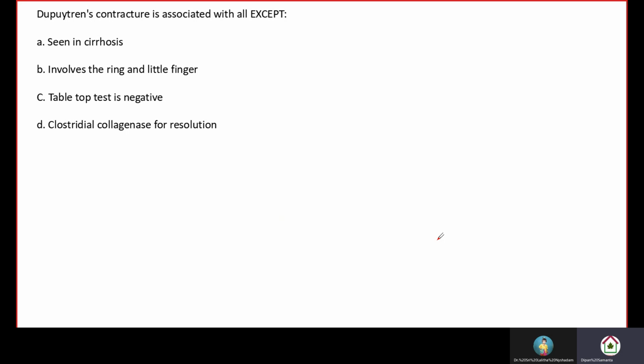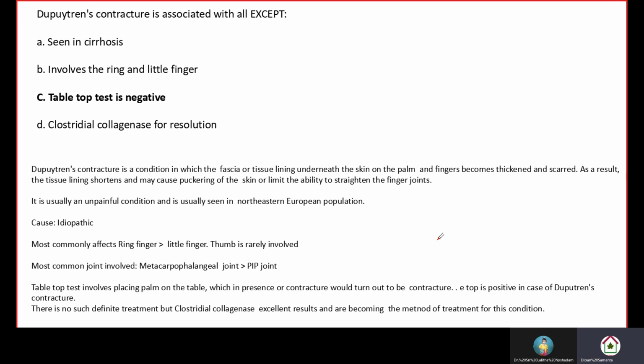Dupuytren contracture is associated with all except: seen in cirrhosis, involves the ring and little finger, tabletop test is negative, and collagenase clostridium is for resolution. The answer is tabletop test is negative. Tabletop test, what is it?